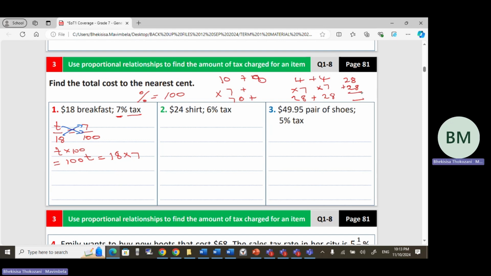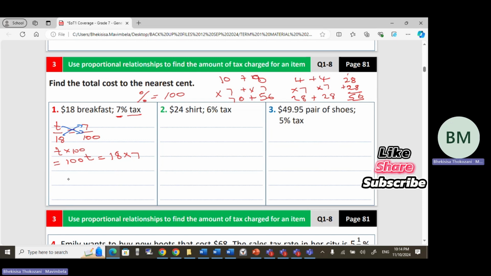Now you just add this. So 8 plus 8 will give us 16, carry 1, and 4 plus 1 is 5, so 56. Remember, this was times 7. So now we know that 7 times 8 is 56.